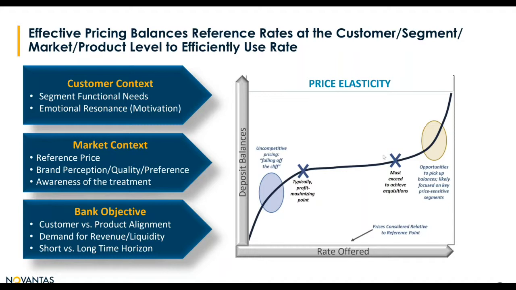Turning to price elasticity, this is something that we've worked with in the consumer context for the last 20 years, experimenting across the world with how we present rates to customers and how they react to different situations.